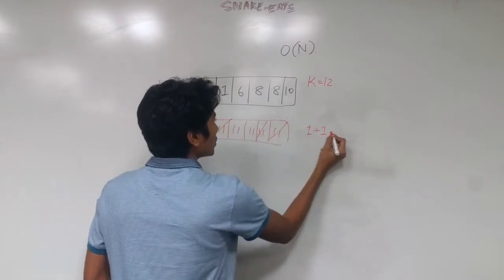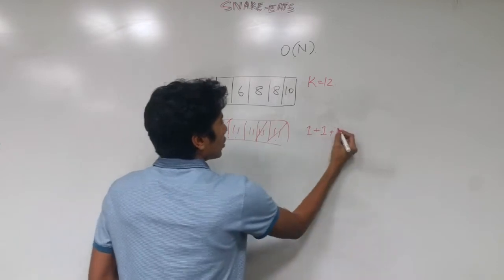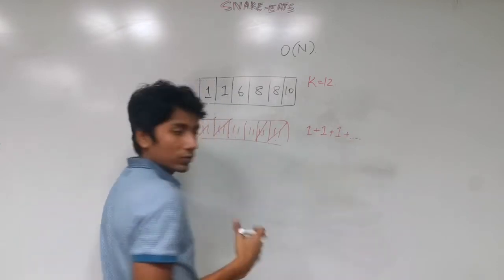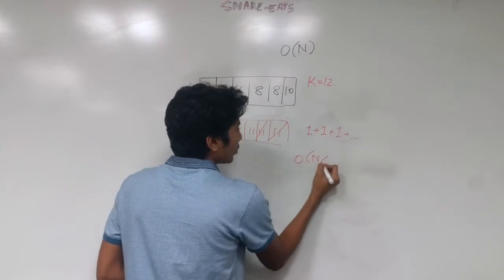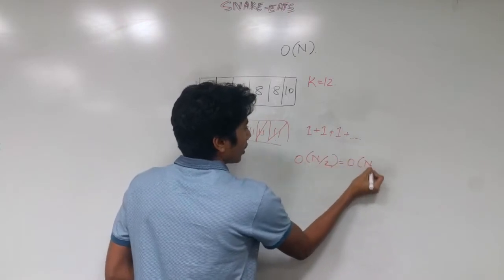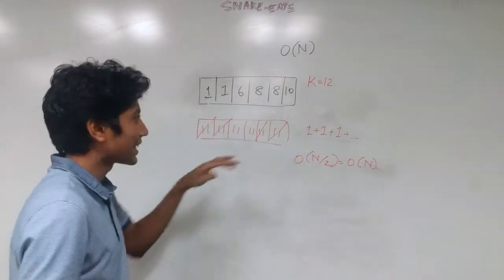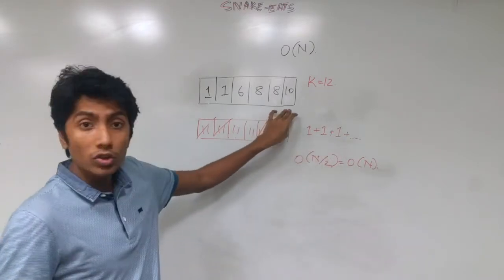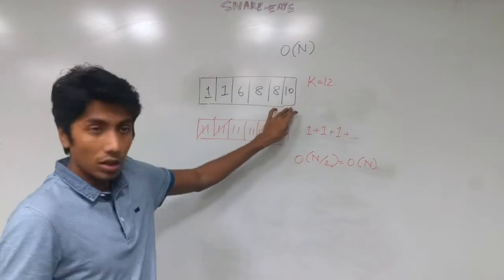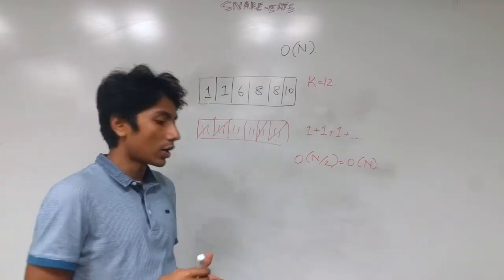That's another computation, and so on and so forth. So half the number of computations of the length of the array. So that is order n by 2, which is order n for each query. So we're still stuck there. But this is a very good observation because if you know how many snakes you need to actually reach k, we can make other observations now.